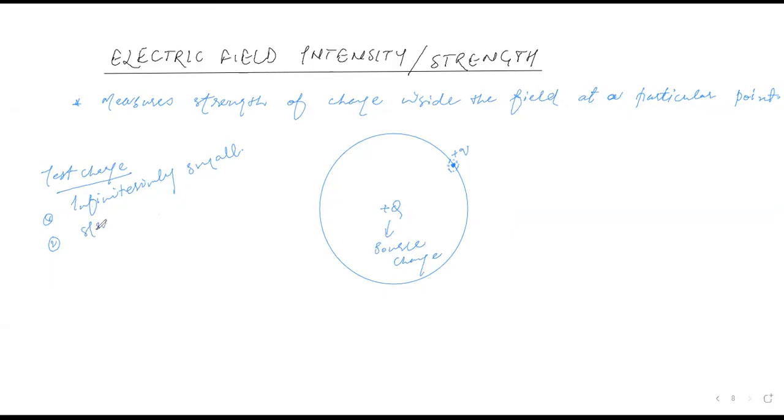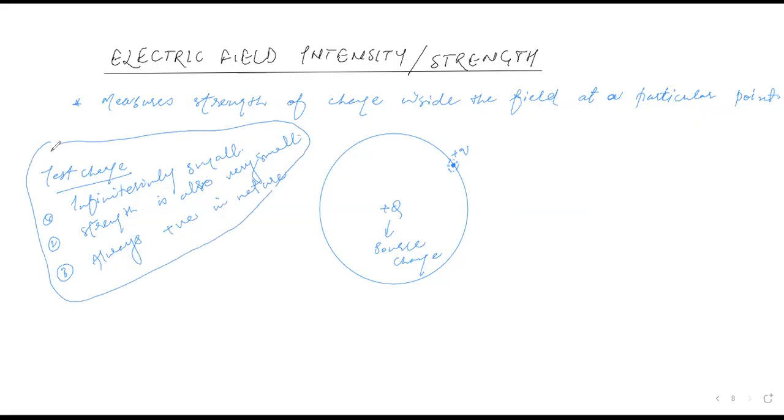If the size of the charge is small, then the strength is also very small. And the next point is it is always positive in nature. This is the property of the test charge.